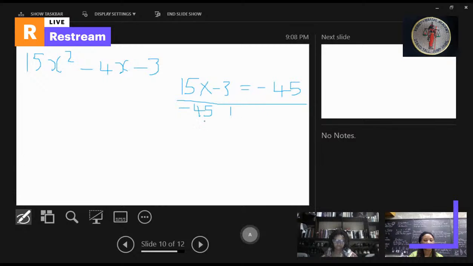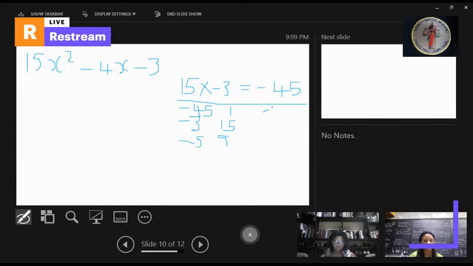Negative 3 and 15. Negative 5 and 9. I think that's it. Reverse each of these.